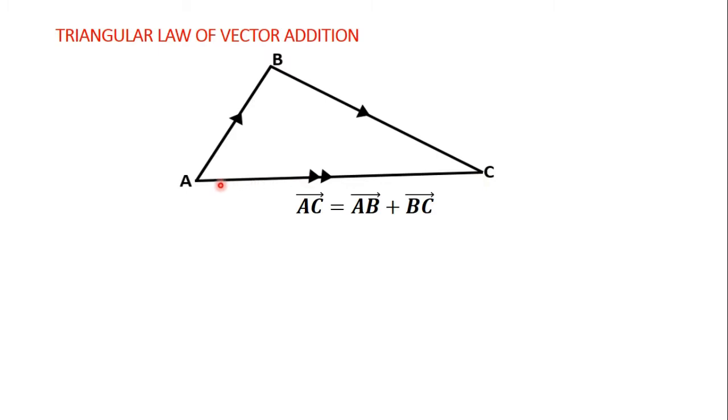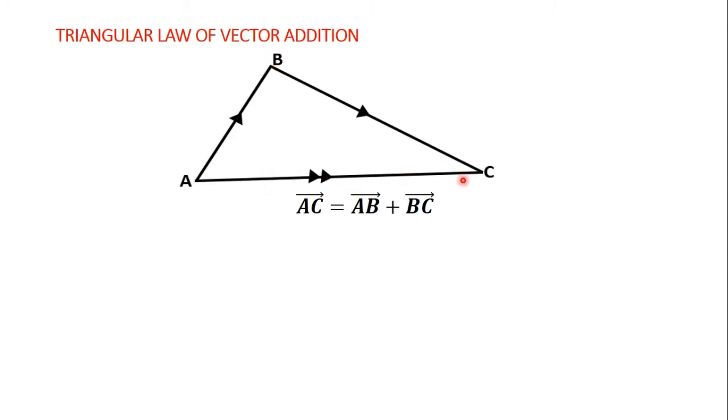The triangular law of vector addition says that moving from A to C, or vector AC, is equal to vector AB plus vector BC. This is the triangular law of vector addition. If you have these 3 points A, B, C, the triangular law says that vector AC is equal to vector AB plus vector BC.